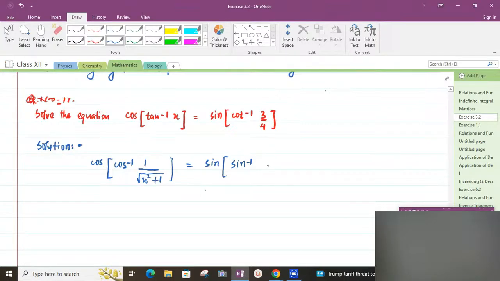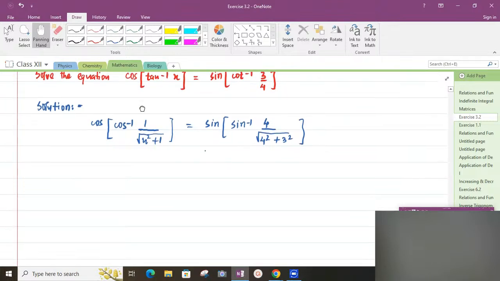So here will be 4 by root of 4 square plus 3 square. Is there any problem to understand up to this step?